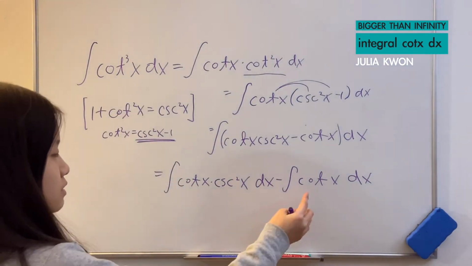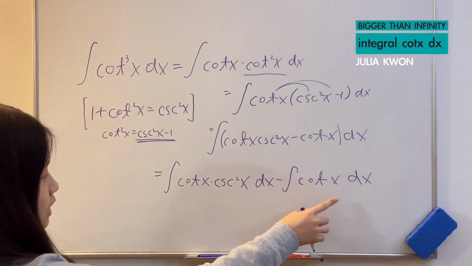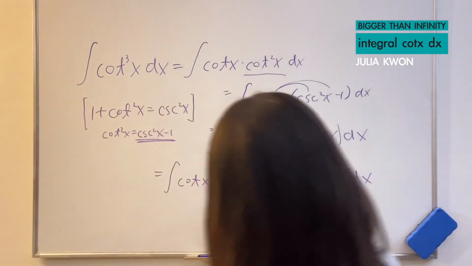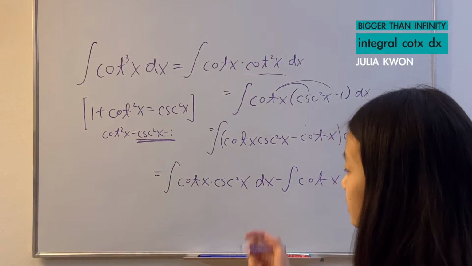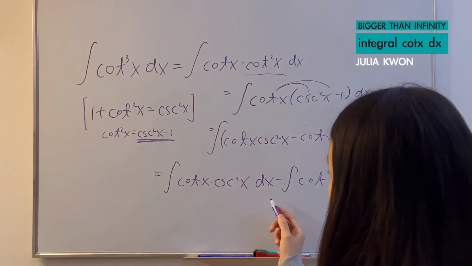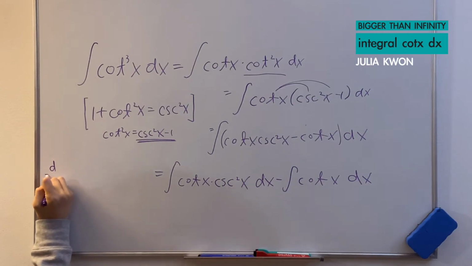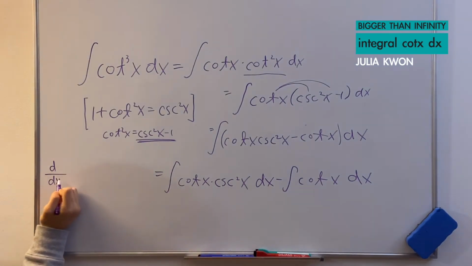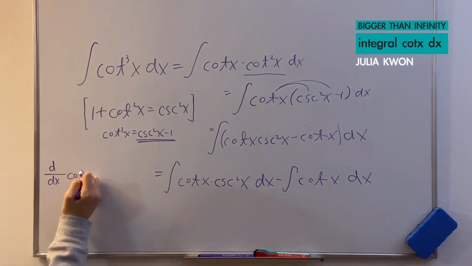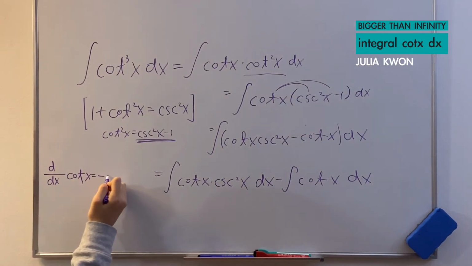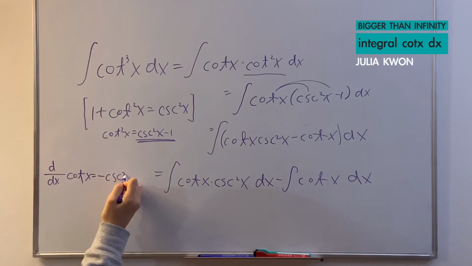Now we know what the integral of cotangent x is, but we're going to have to use the u-substitution rule for the integral of cotangent x times cosecant squared x dx. Like I said, the derivative of cotangent x is equal to negative cosecant squared x.